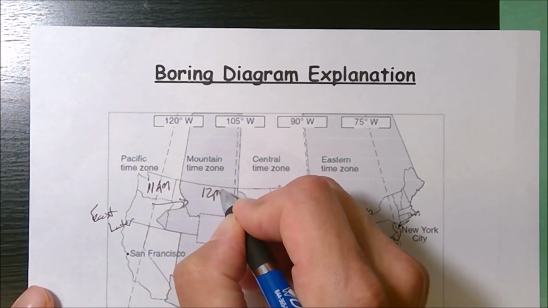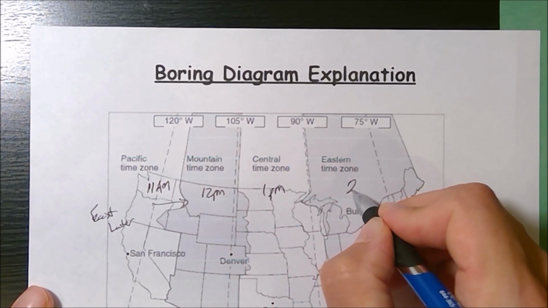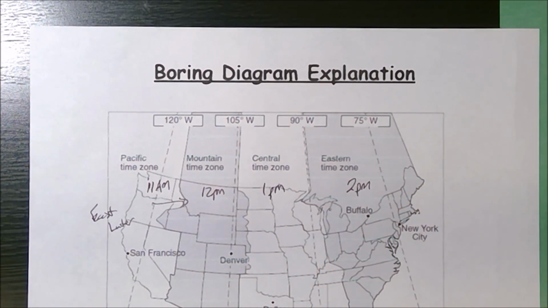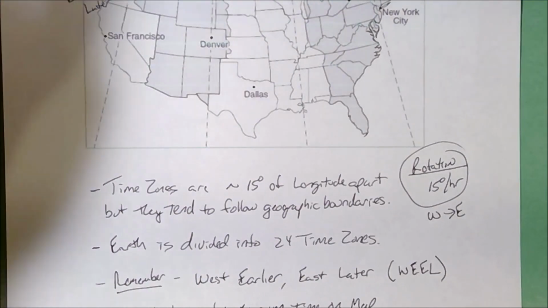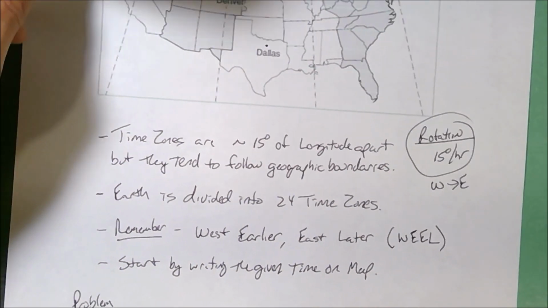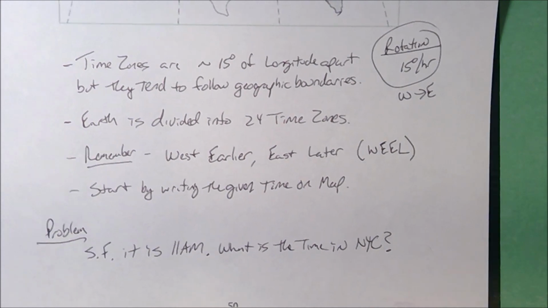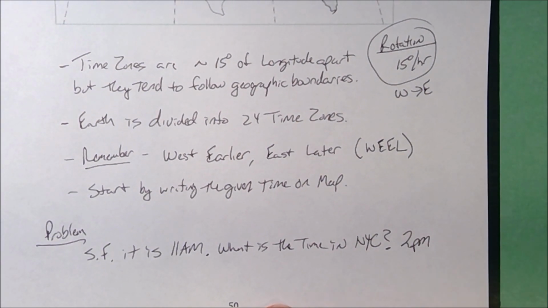So 1 hour later would be 12. Central would be 1. And the entire Eastern time zone would be at 2 p.m. So when it's 11 o'clock in LA or San Francisco or anywhere on the West Coast, the time in New York would be 2 p.m.